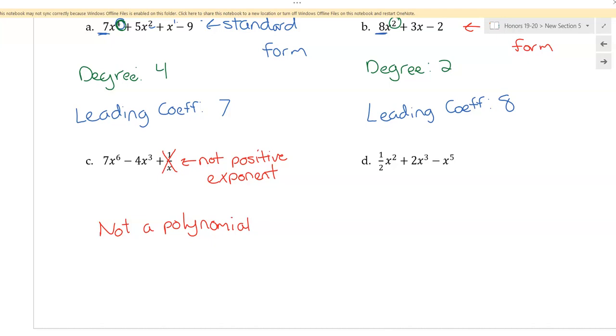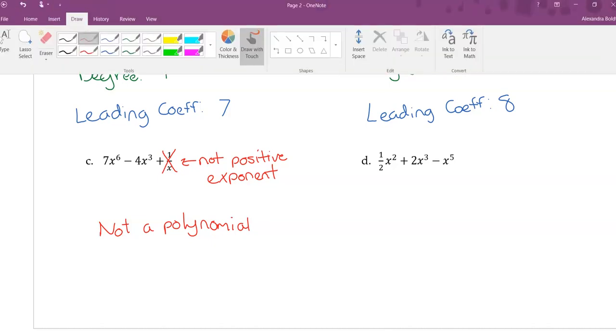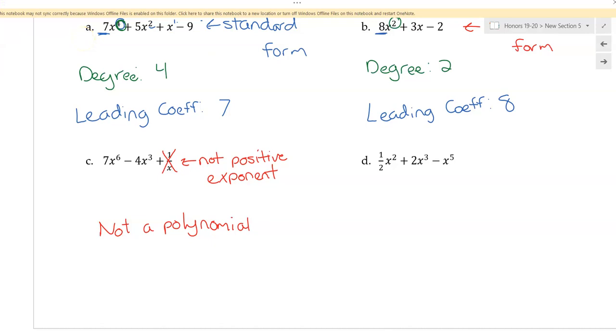Looking at letter D, I want to find my highest exponent first. Well, this is a 2, a 3, and a 5. This one is my largest exponent, so negative x to the 5th. I'm going to use that one. I want to find my next largest exponent. Well, I have a 2 and a 3. This is my next largest exponent.